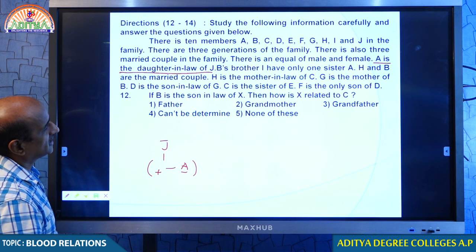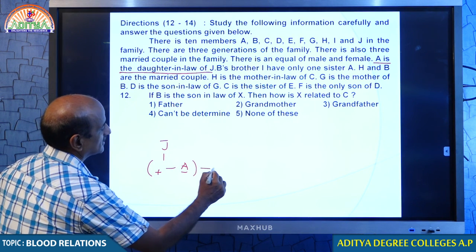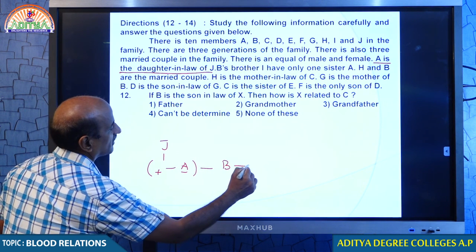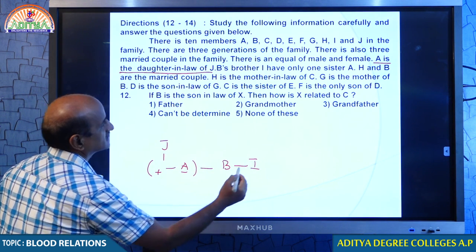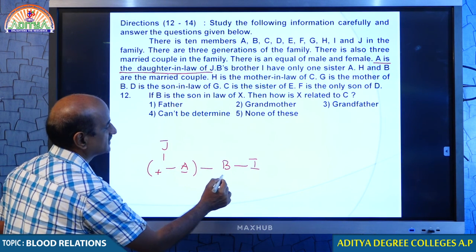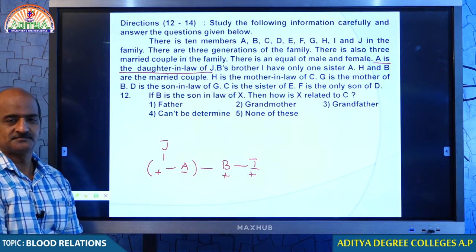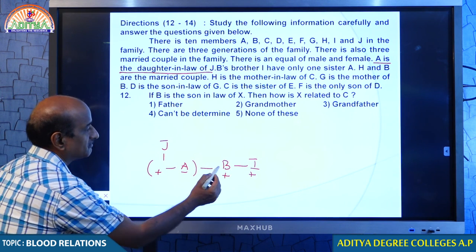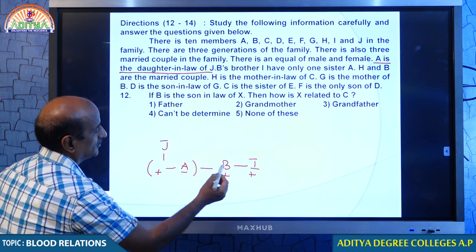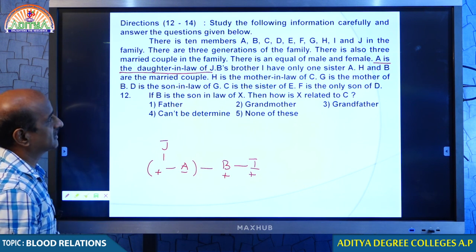B's brother, I have only one sister A. A is the only sister, which means B and I must be male. So, A is the only female.